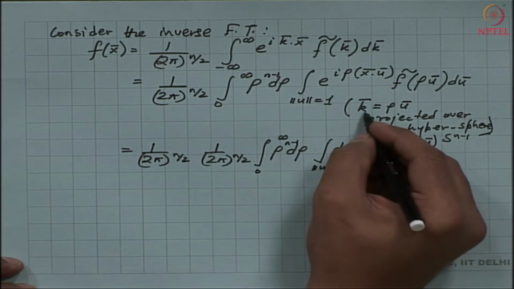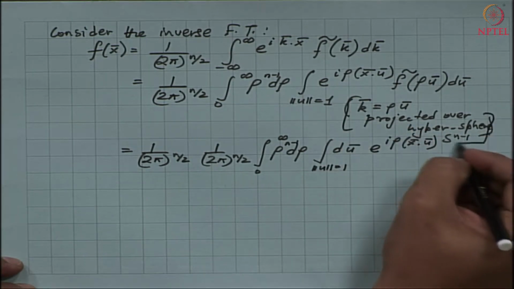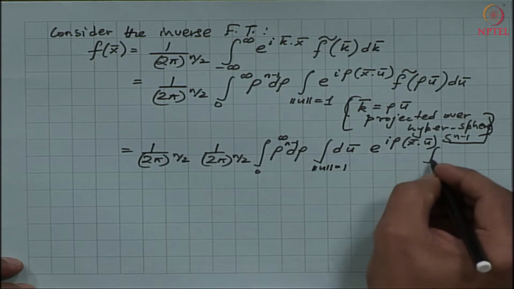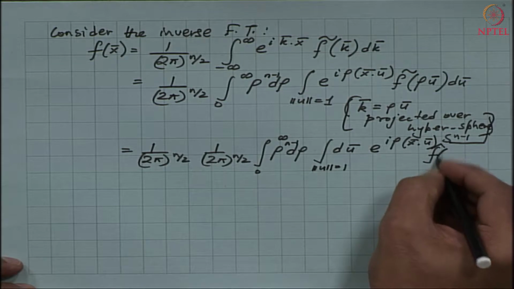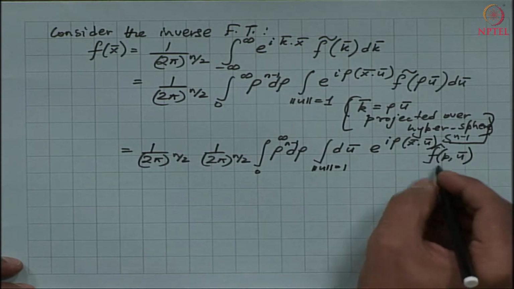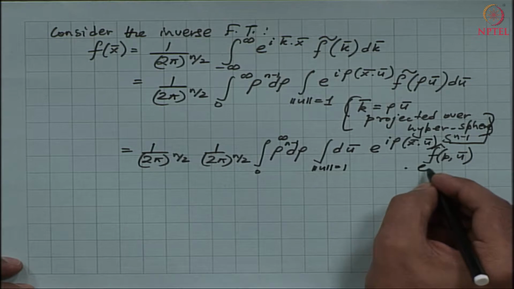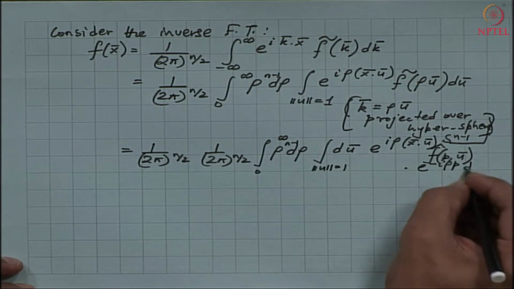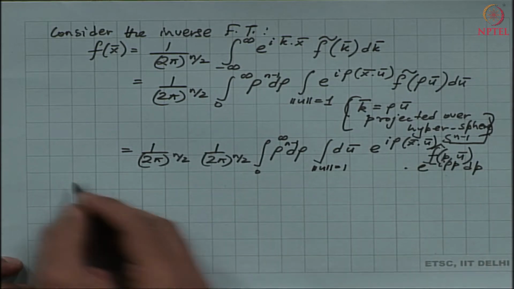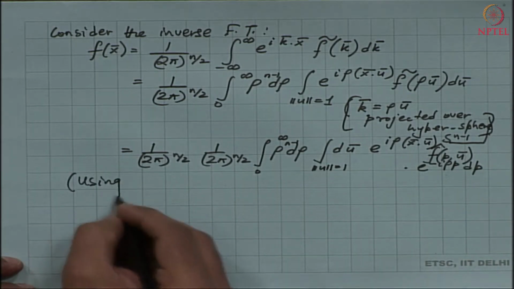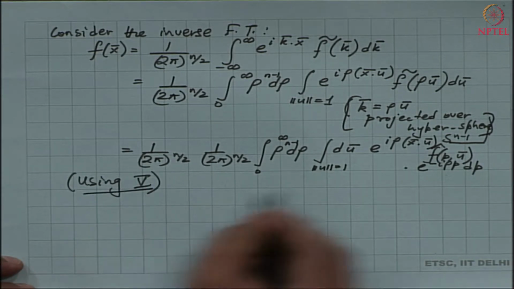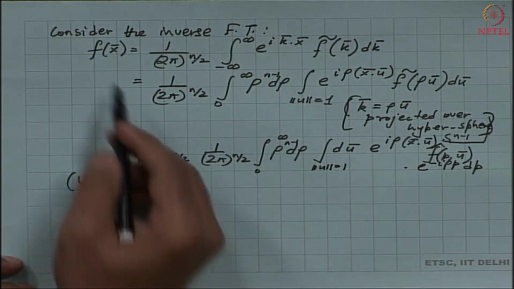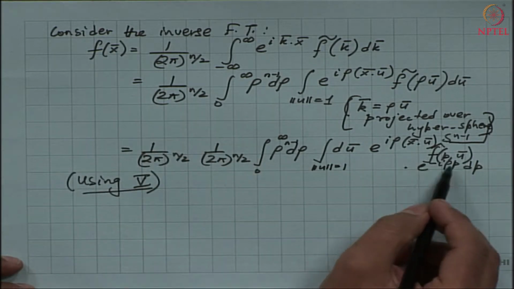Okay. So, let me just multiply it with the Radon transform. So, I get that this integral is f hat of p comma u bar times e to the power negative i rho p dp. So, what I have done is, using my expression 5, this integral has now been changed to give me a relation between the original function and its Radon transform.